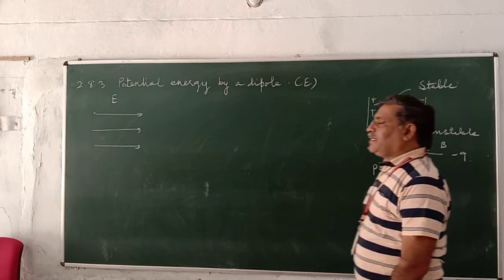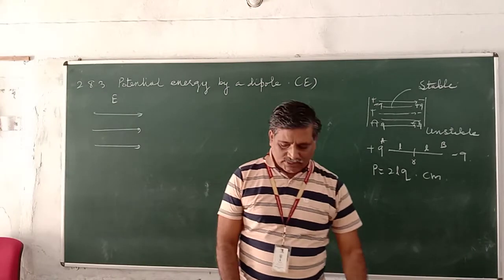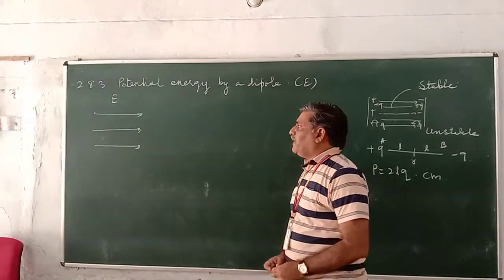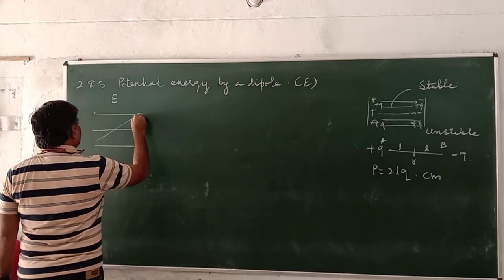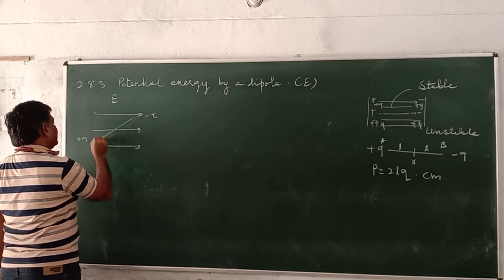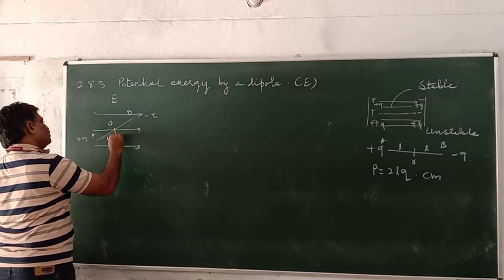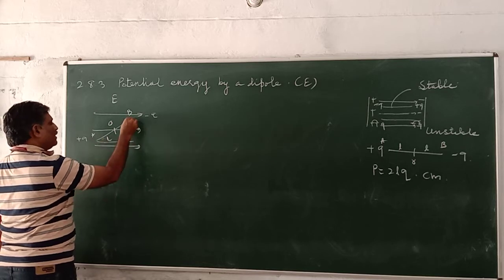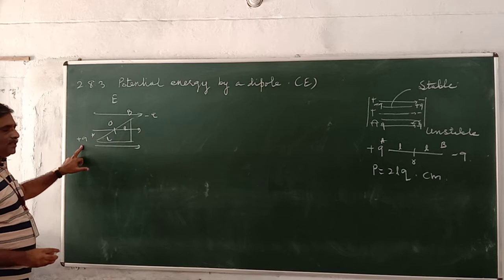Now, let us consider. First, we will talk about torque on the dipole when it is placed in uniform field. Take a dipole, it is plus Q here, minus Q here, this is point A, this is point B, this is O, this is L. At point A, plus Q charge is there.